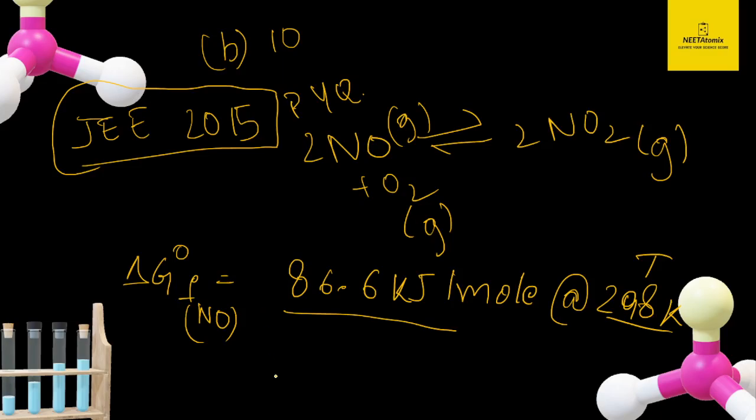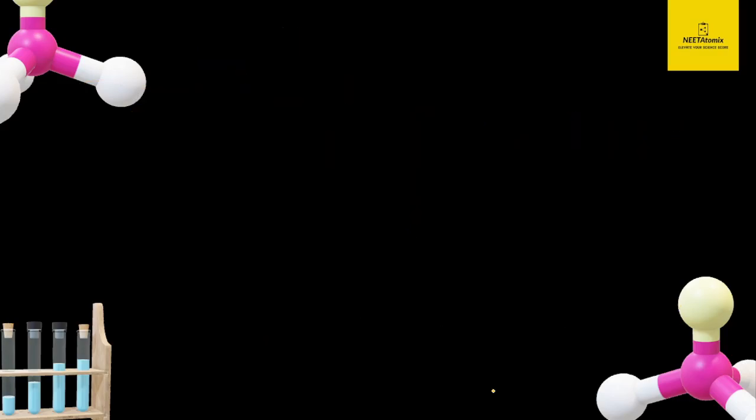Now the question is, you have to find delta G naught of NO2. Let's solve here. They gave you the value of K as 1.6 into 10 raised to the power 12. And they gave you the options.